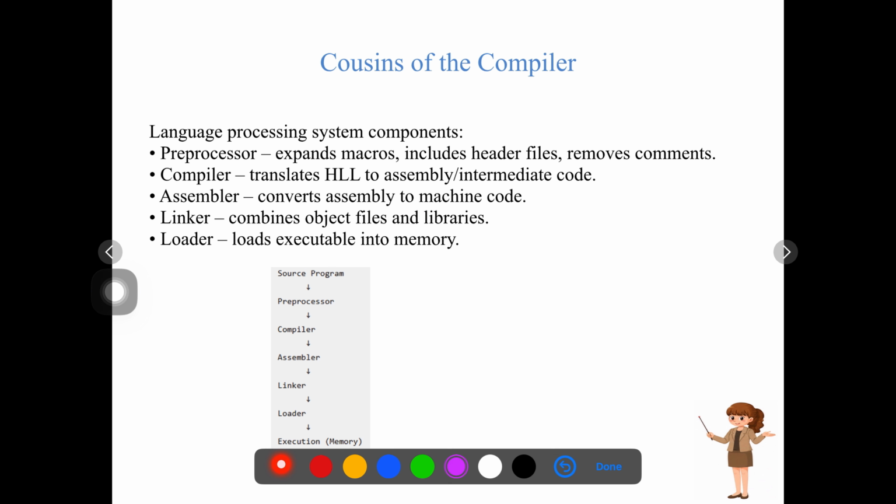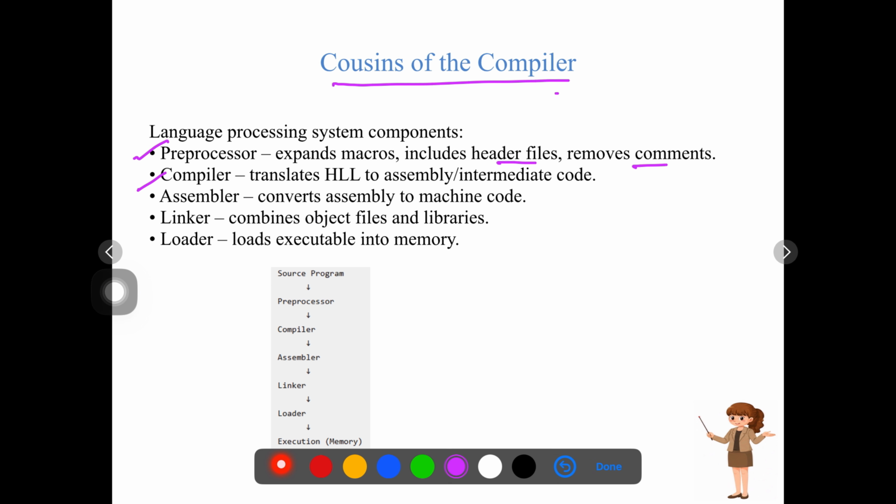Cousins of compiler. A compiler is not a single tool. It works with other supporting programs called cousins of compiler. They are preprocessor, which handles the macro expansion, includes the header files, and removes the comments.